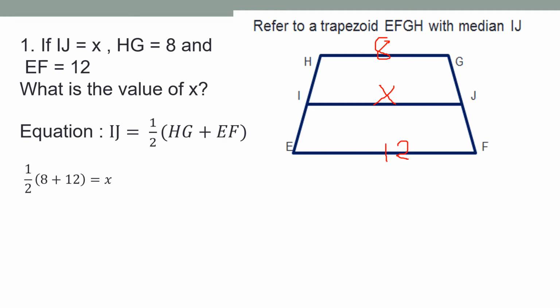And then, substitute na natin yung values: 1 half times 8 plus 12 equals X. X will be the median, 8 will be the length of HG, 12 will be the length of EF, times 1 half. 8 plus 12, 20, times 1 half, X is equal to 10.